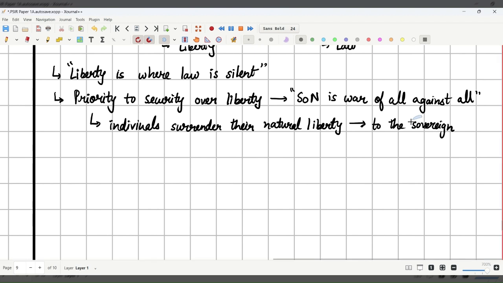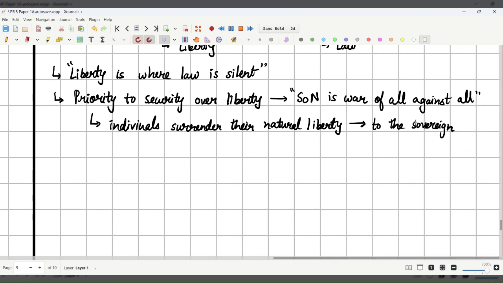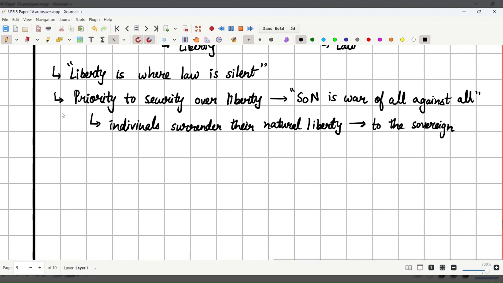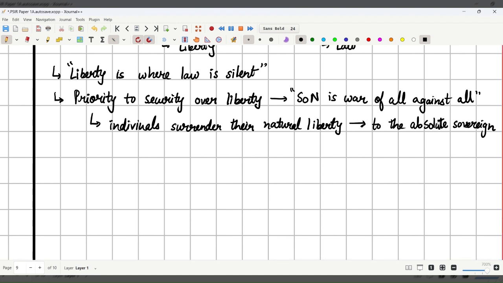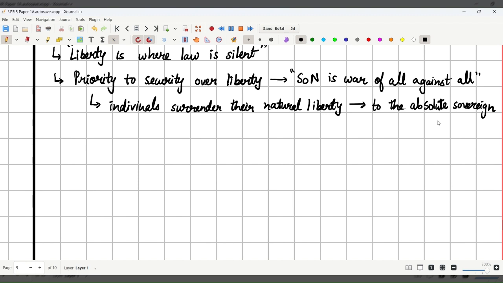So individuals surrender their natural liberty to the sovereign authority, the absolute sovereign, in exchange for protection and security from the state of nature, okay, and that absolute sovereign is his Leviathan. Then, relinquishment of rights.